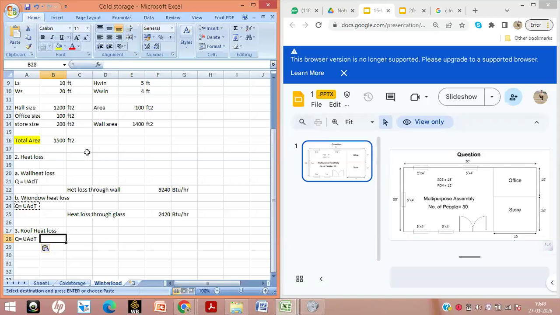This complete area we already calculated, which is 1500 feet square. So the same thing we need to calculate here, that is heat loss through roof.